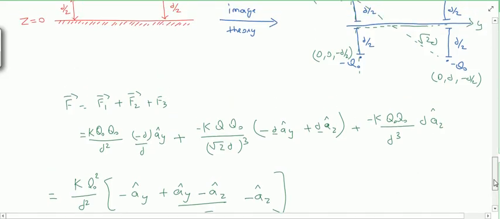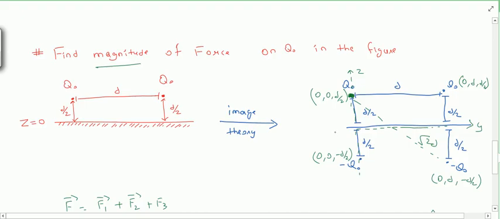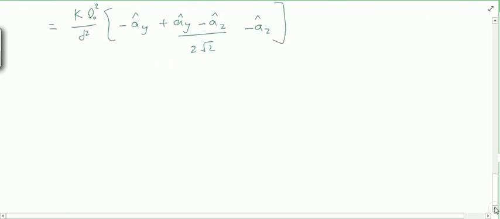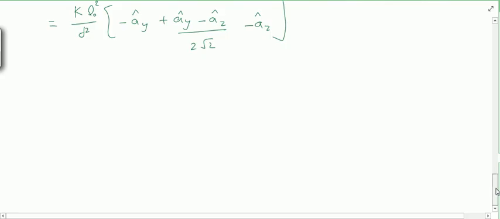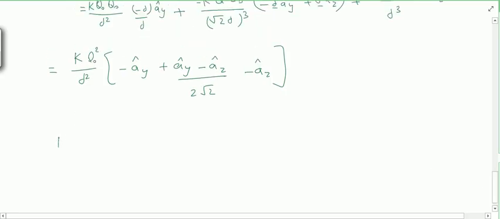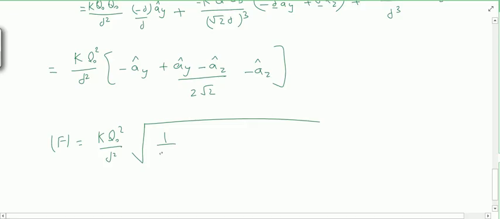So now I have to find the magnitude. If I write F magnitude, it will be k q naught square by d square, and the magnitude of this. Collecting the components here, the ay cap components are 1 by 2 root 2 minus 1 whole square, plus, since all these components are negative, 1 by 2 root 2 plus 1 whole square.